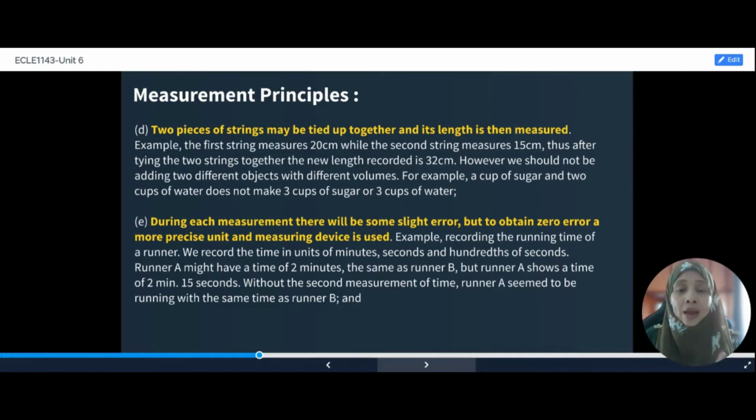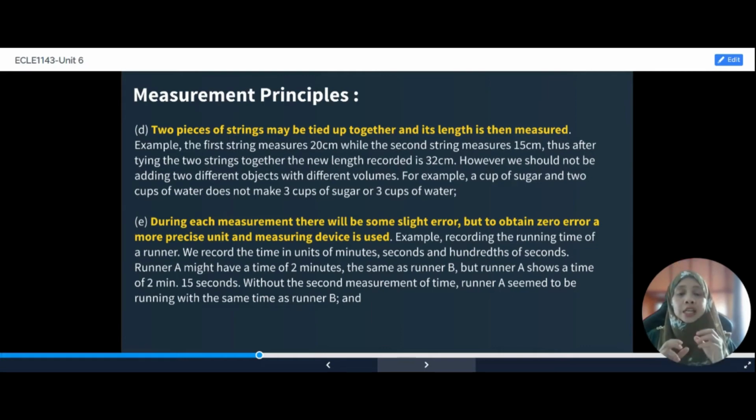Okay. However, yang ini kalau benda yang sama, tapi kalau benda yang berbeza, kita tak boleh campurkan. For example, a cup of sugar and 2 cups of water does not make 3 cups of sugar or 3 cups of water. Dia tak sama. Okay. During each measurement, there will be some slightly error, but to obtain zero error, a more precise unit and measuring device is used.